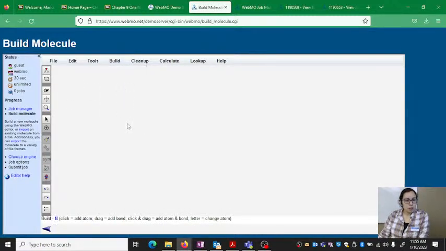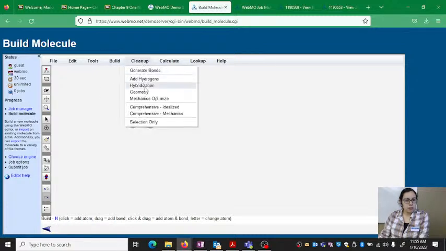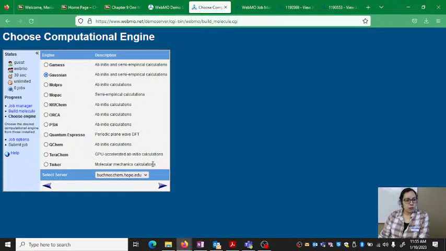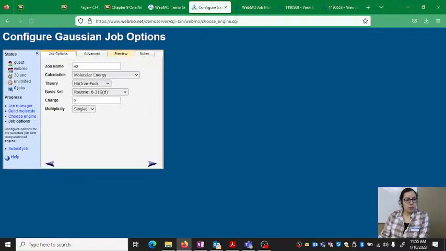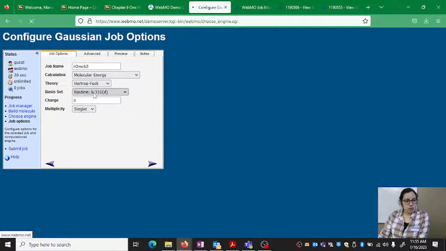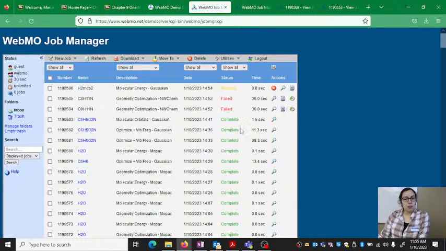So we can look at hydrogen. What I would first do is a molecular energy calculation, which just optimizes the energy. You can change that around depending on how long you want it to take.